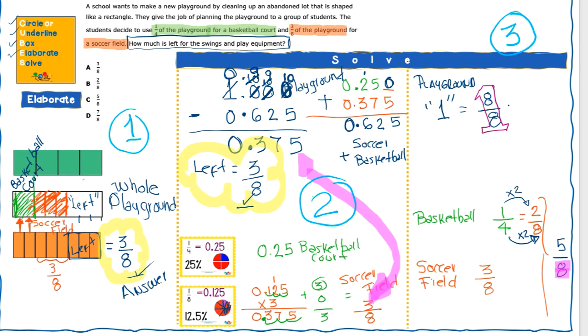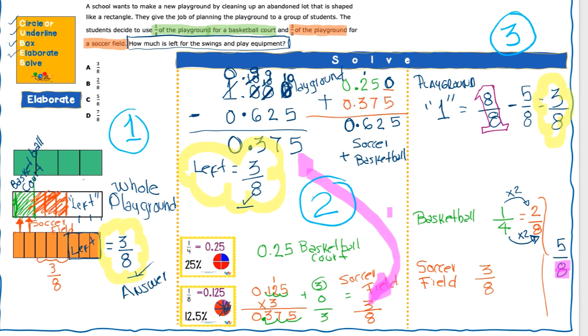So I'm going to subtract 5/8, the ones that I have on the bottom. If the denominator is the same, it stays the same. What is 8 minus 5? 3/8. And that will be the answer if I do my problem using fractions.